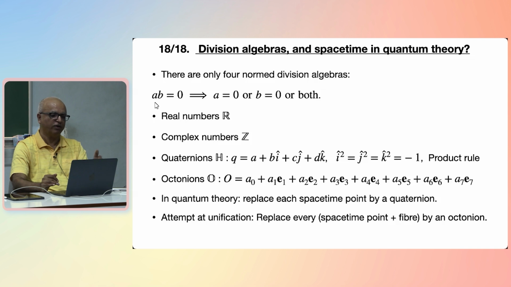If you divide by A, it's okay, if you divide by B, it's okay, but if you divide by AB, it's not okay, because AB is this. Don't want that.